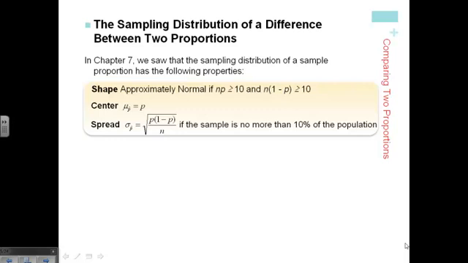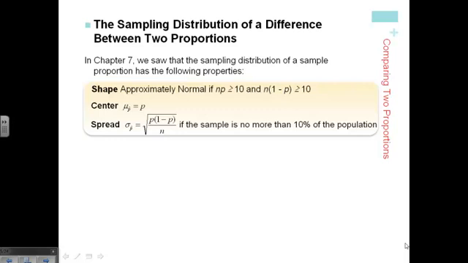And lastly, we had the rule of thumb that said that the shape of the distribution of sample proportions will be normal as long as np is greater than or equal to 10. np is just a fancy way of saying the expected number of successes, and that n times 1 minus p, sometimes pronounced nq, is greater than or equal to 10, which is just a fancy way of saying the expected number of failures.